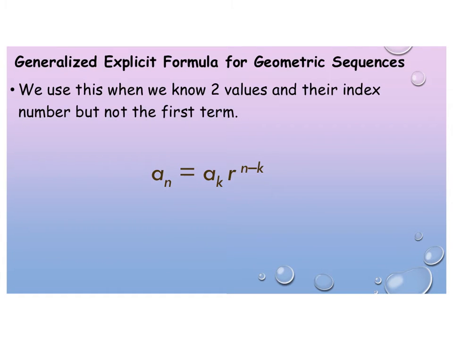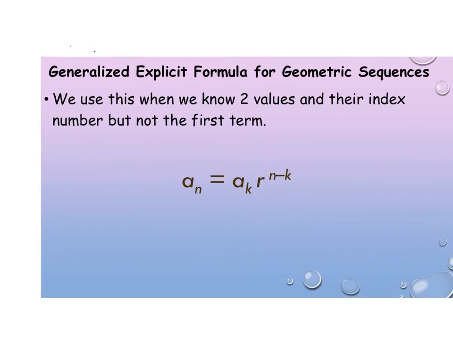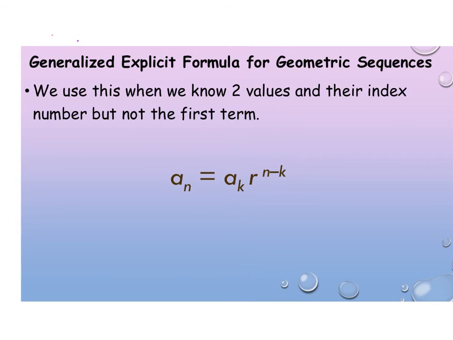All right, generalized explicit formula. A generalized explicit formula for a geometric sequence. This is the one where we have two terms and term numbers. So we have a sub n and a sub k. We can plug it into this formula.